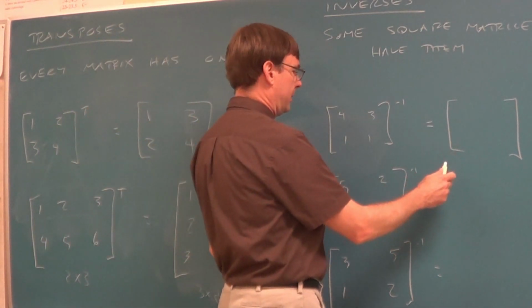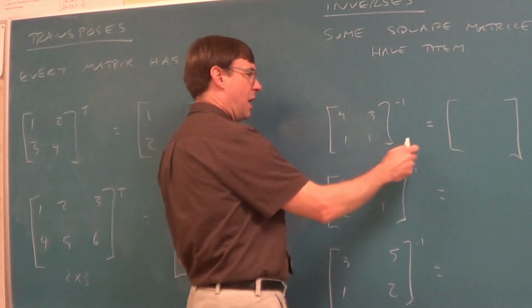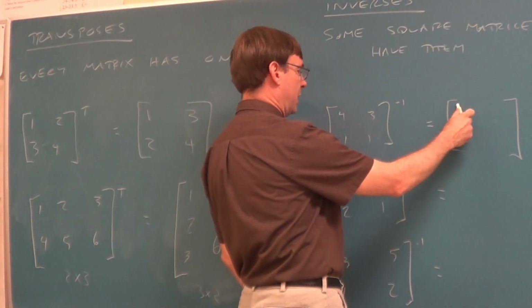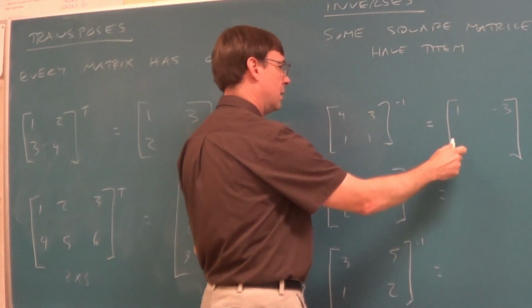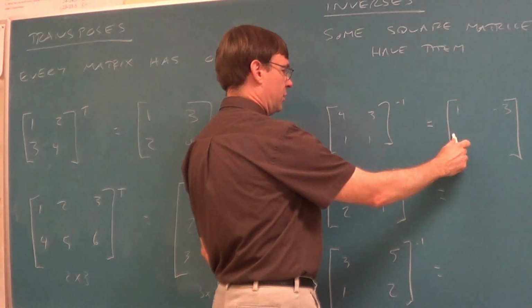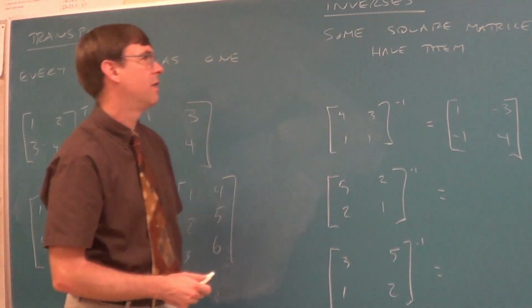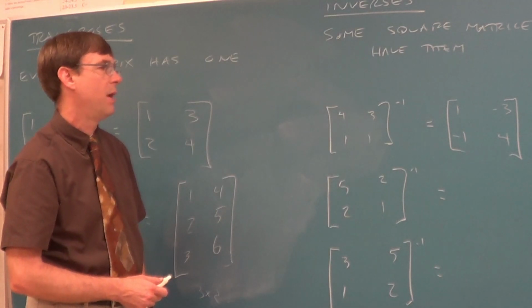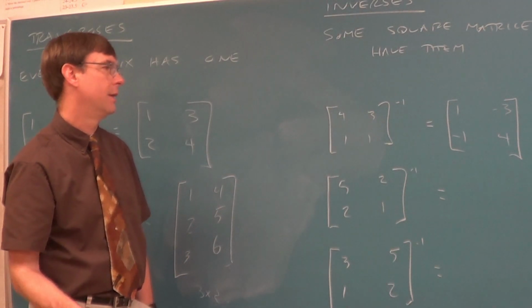This one, it's a little deceptive because there's double ones in it maybe, but I'm going to go 1, a -3. I'm going to do a -1 and a 4. That would be the inverse of that matrix. There's some sort of pattern that I just conducted.